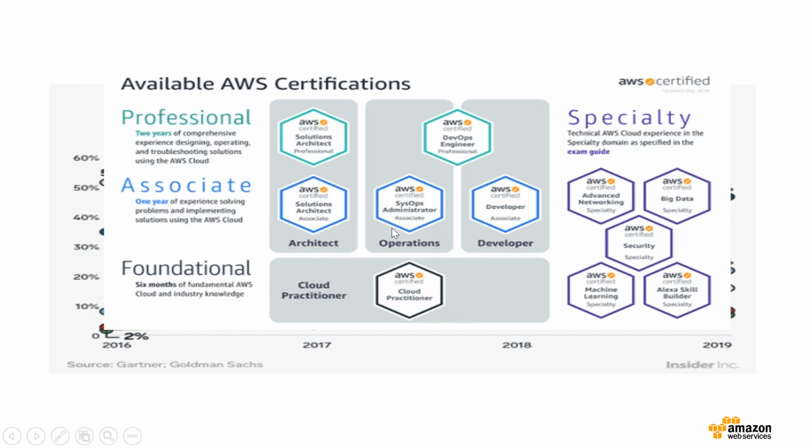If someone is looking for operations, they can take SysOps Administration. If someone is looking for DevOps engineer, they can take DevOps. If someone is looking for developer in AWS, they can choose Developer Associate. And if someone is looking for networking, big data, security, machine learning, or Alexa skill builder, they can choose the specializations. So these are the certifications we have.